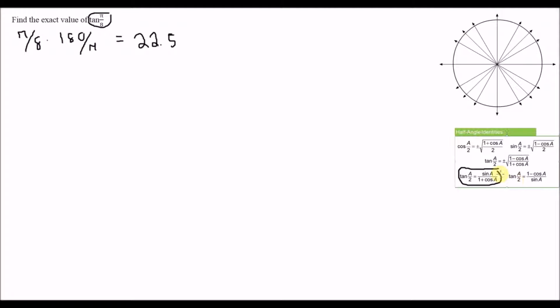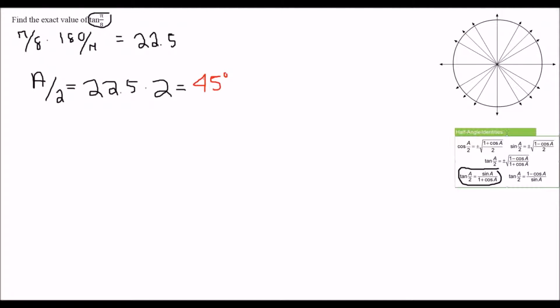So we're going to need A. We'll just do the basic thing that we've been doing this whole time. A over 2 in this case equals 22.5. So to find A, we just multiply A over 2 by 2, and we get 45.